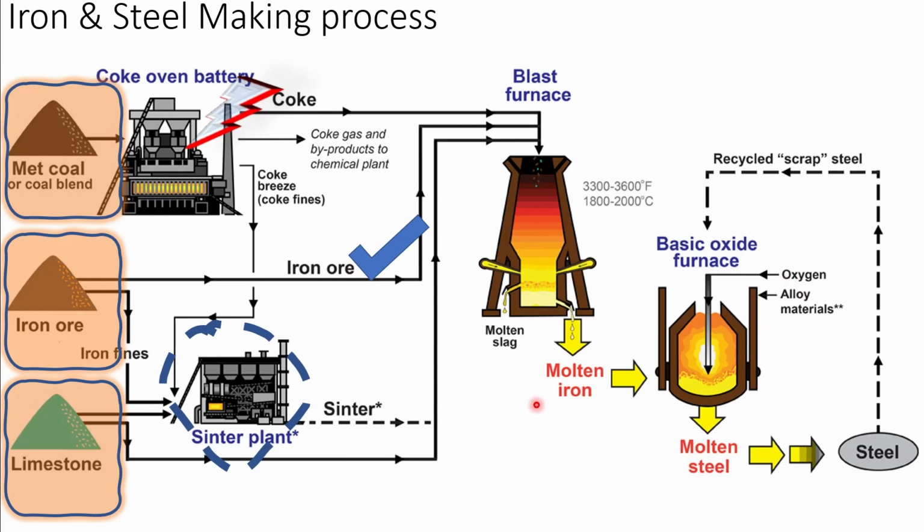So BOF is basically a basic oxygen furnace where air is pumped into the molten iron, and the carbon content when it is in the molten stage is close to about 4%. And with a lot of reactions happening through oxidization, the carbon content is reduced to 0.02 or less.